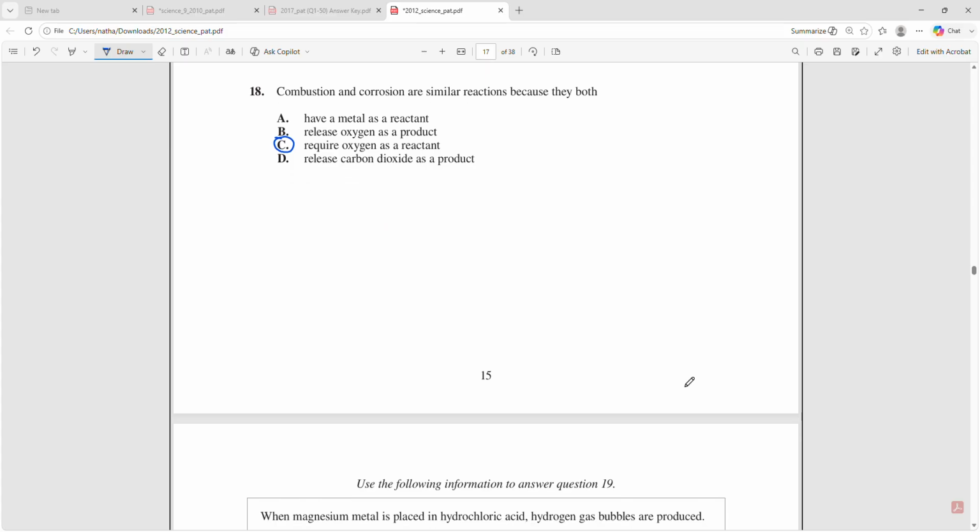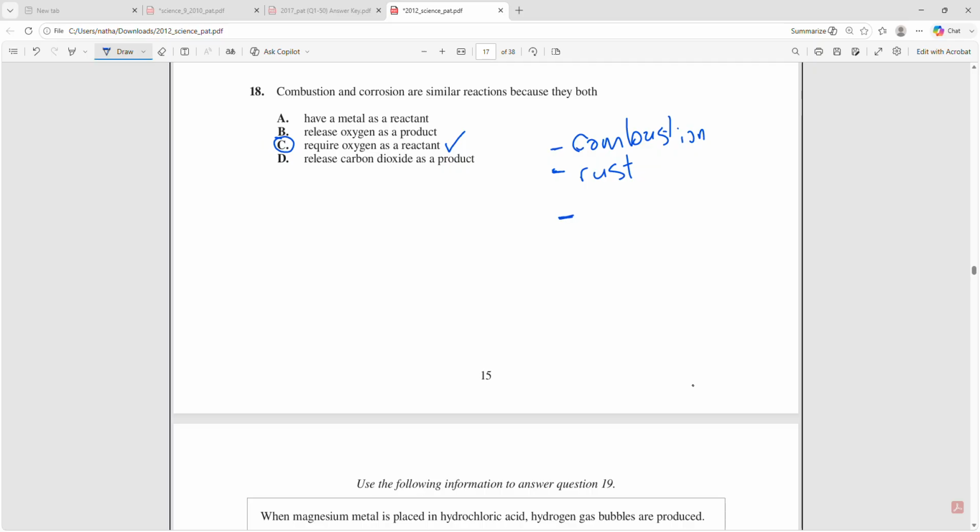Combustion and corrosion are similar reactions because they both, the answer is, require oxygen. If you recall, we did a portion during this unit on reactions that involve oxygen, and they were combustion, rust was another one.